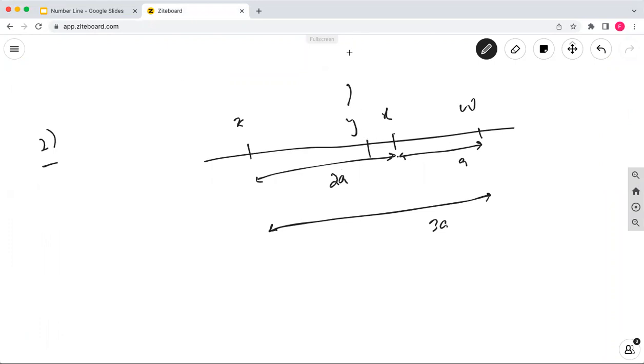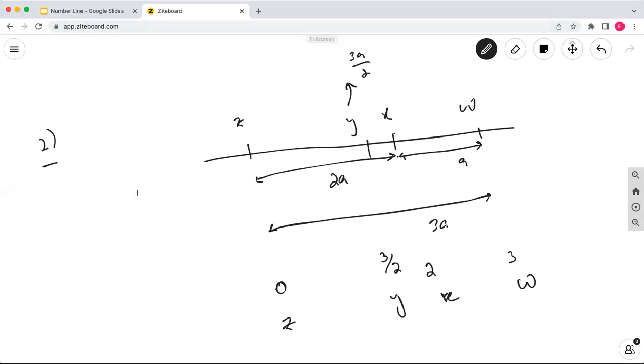Y will be at 3A over 2. If I assume some values, Z as 0, X as 2, and W as 3, Y will be equal to 3/2, or 1.5. This is Z, this is Y, this is X, and this is W.